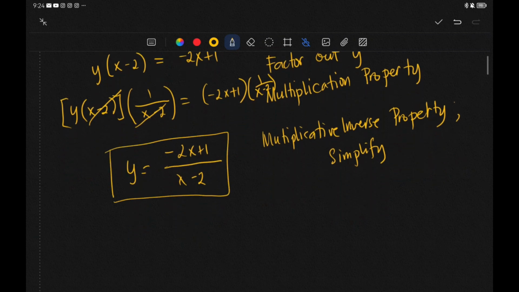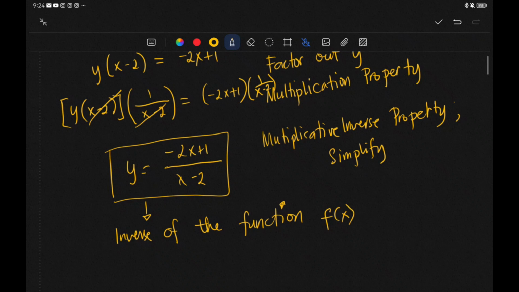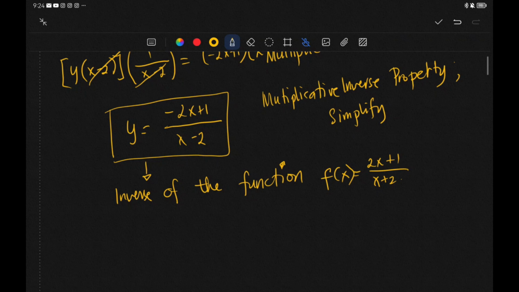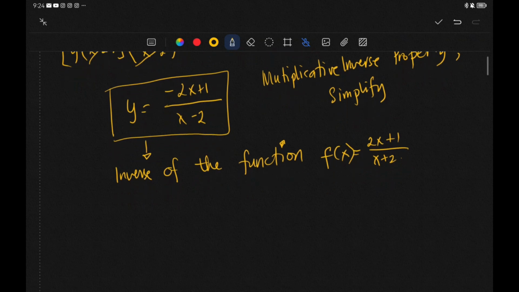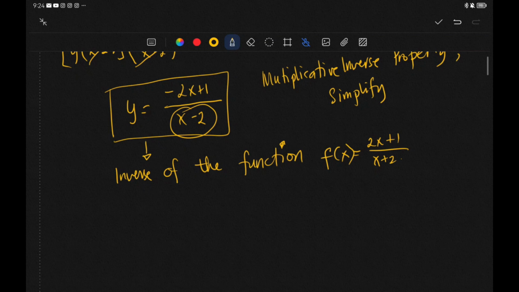This is what we call the inverse of the function f of x is equal to 2x plus 1 over x plus 2. By inspection, the inverse has limitations too. The denominator here, x minus 2, must not be equal to 0.